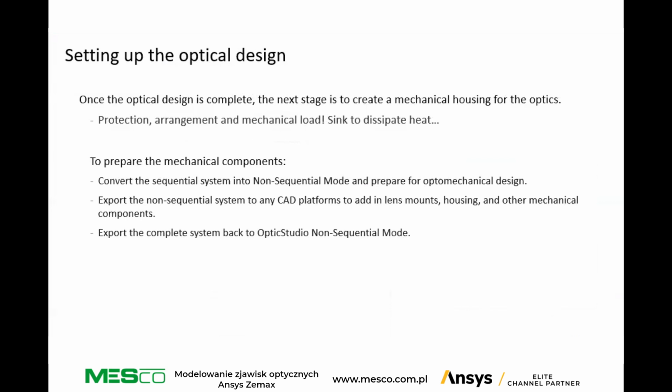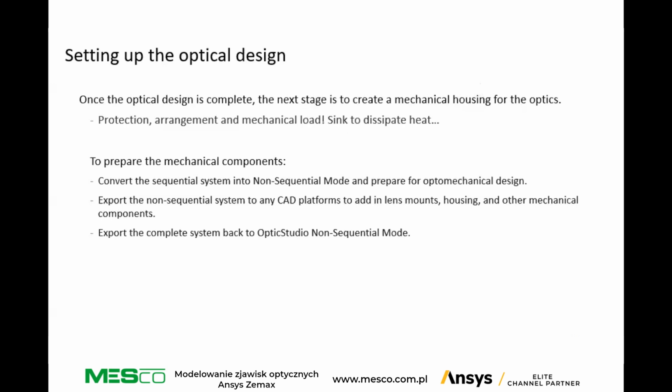Once you have your optical design complete, and you are happy with it, the next stage will be to create the mechanical housing for the optics. This mechanical housing will give protection, and it's also like a sink to dissipate heat. So to prepare the mechanical component, you can convert the sequential system and export it to any CAD platform.